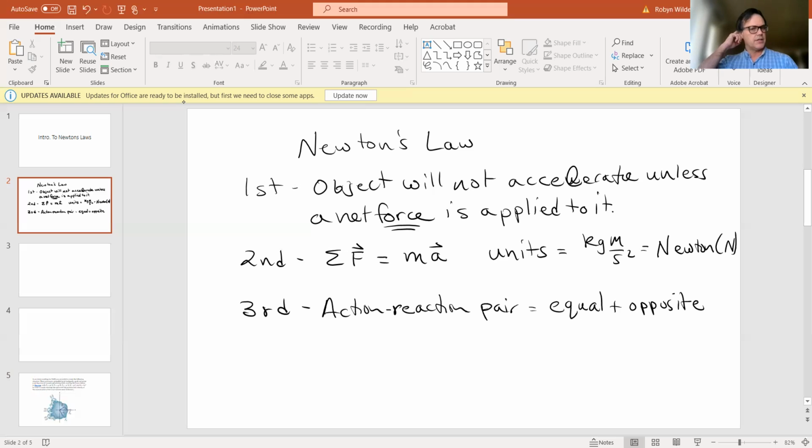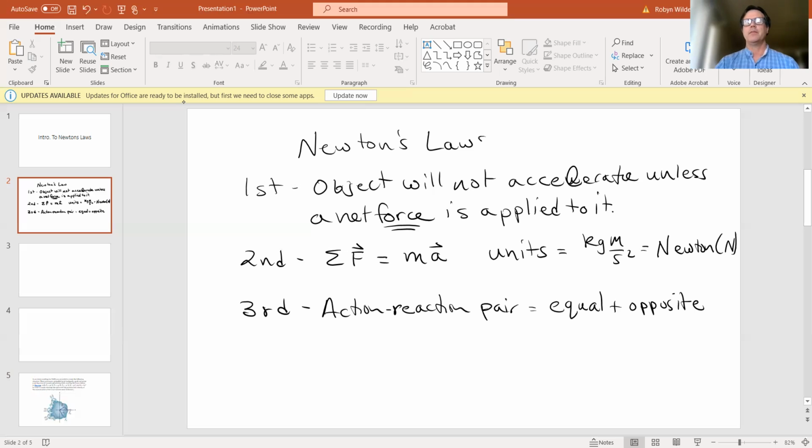We'll again come across several other examples of this, but that's an important point to keep in mind. You never add the action-reaction pairs, right? Well, I shouldn't say never. It depends on what you're trying to do. But if you're looking at a particular object accelerating, you never add the forces that object is pushing on other things with. Okay, so that is just a quick list of Newton's laws.